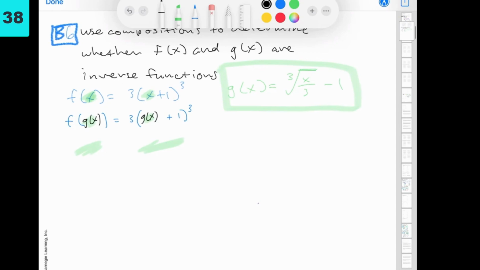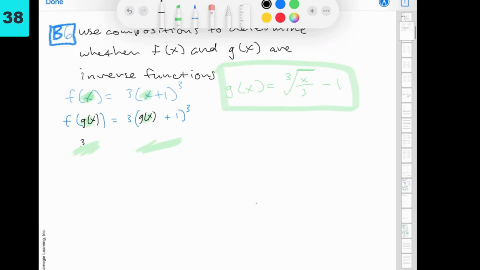And g of x now we're going to write as x over 3 to cube root. And same thing, oops, forgot the minus 1, very important. X over 3 minus 1. And the blue will stay the same. Don't worry about the left side.